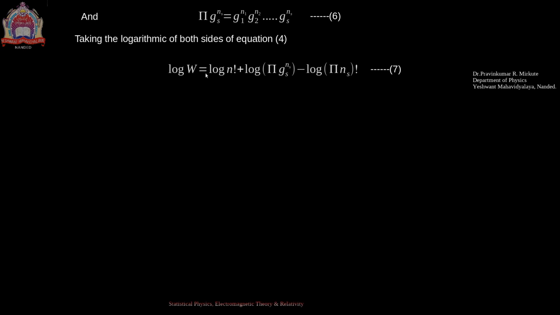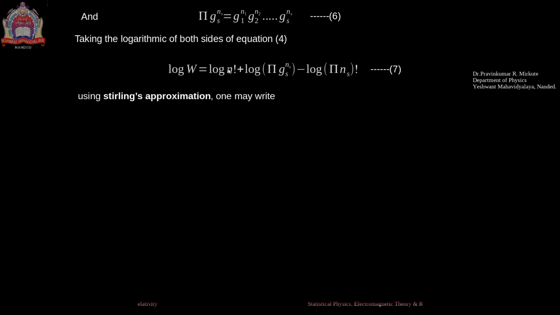Here the term log N factorial is there, so we use Stirling's approximation. Already we discussed this. According to Stirling's formula or approximation, log N factorial is equal to N log N minus N. So we can substitute the value of log N factorial by Stirling's formula.